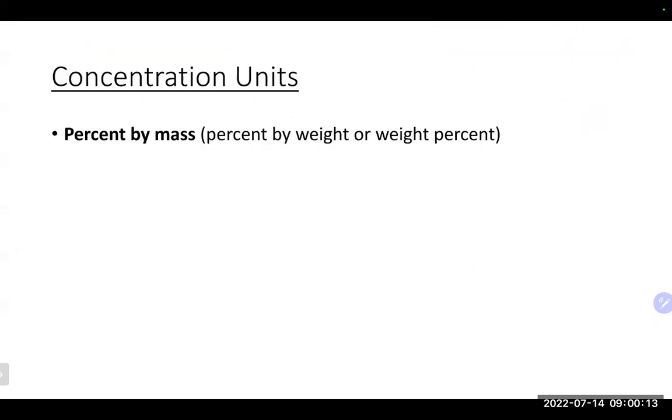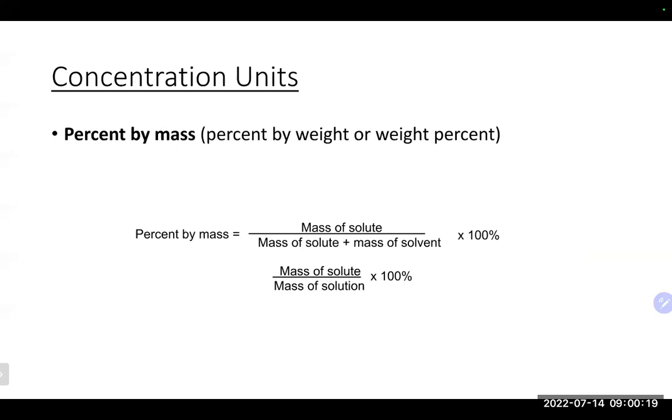Sounds good. All right, then what we're going to talk about is some other concentration units, although molarity is really the most common unit that's used. There definitely are a number of other units that we use for solutions.